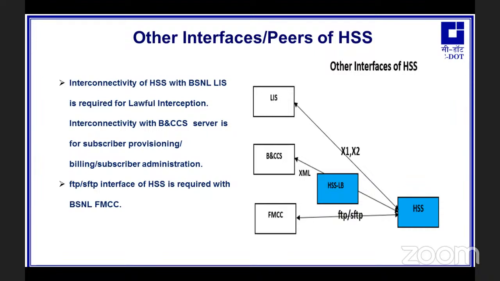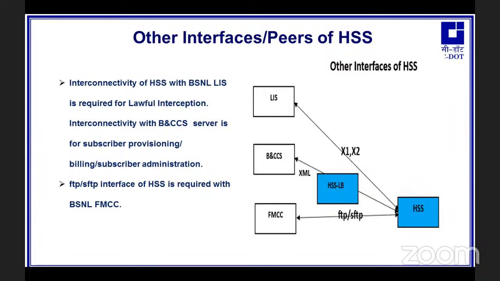X1 is for the provisioning purpose to add a target in HSS, and X2 is for the IRI messages to be floated to the LIS server from the HSS for the target that has been activated through the LI server GUI or whatever they are using.